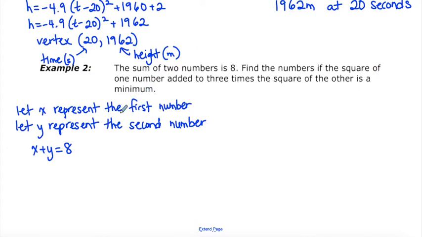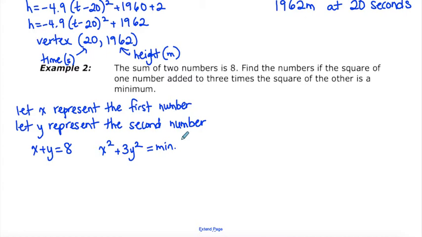Okay, so let's think about that for a moment. The square of one number, so x squared, added to 3 times the square of the other number, so plus 3 y squared. When I do this, this is going to be a minimum value.